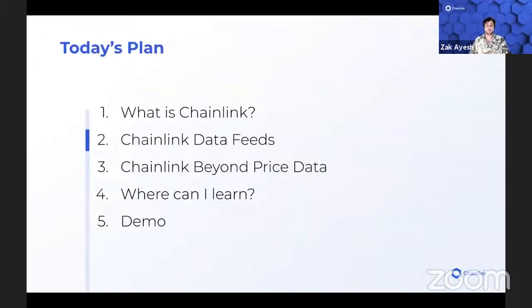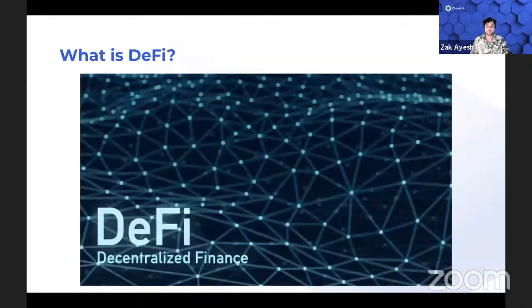So let's dive a little bit into Chainlink data feeds now. Real quick, before that, let's talk about what is DeFi, because this is an important definition. We talked about CeFi earlier, centralized finance. DeFi, on the other hand, is decentralized finance.